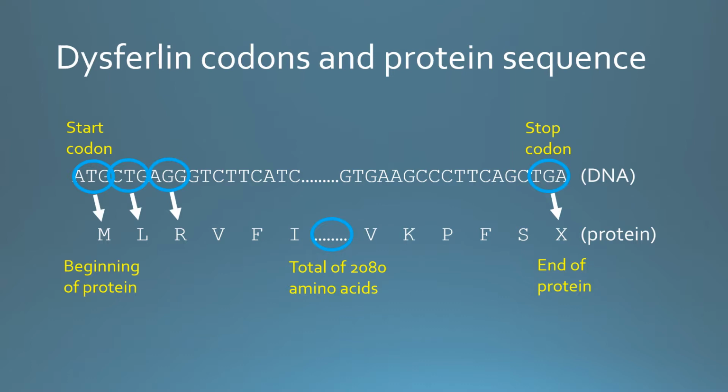The gene starts with what's called a start codon, and that is ATG, which specifies the amino acid M. And it turns out every gene starts with those 3 DNA letters specifying an M. Okay, then each group of 3 DNA letters in a codon specifies another amino acid, M, L, R, V, etc. 2,000 amino acids later, you come to a stop codon, which marks the end of the protein.